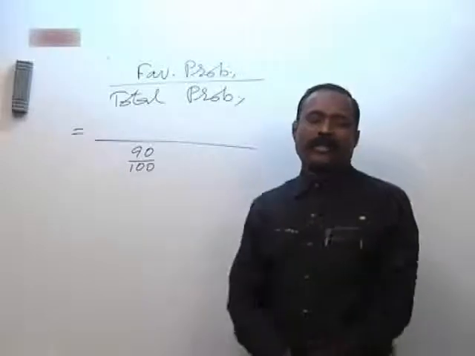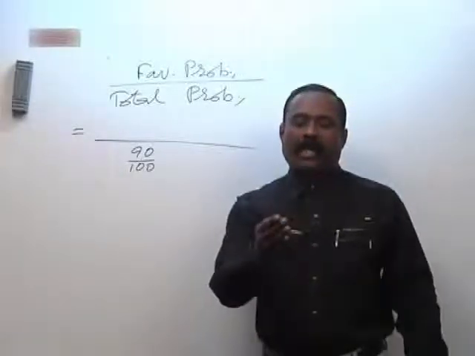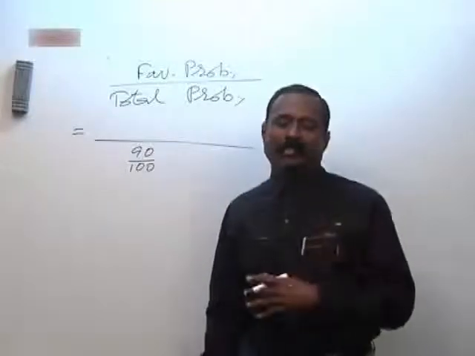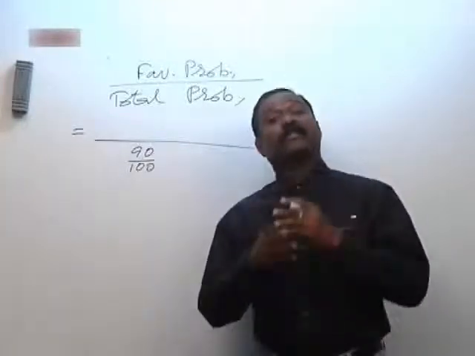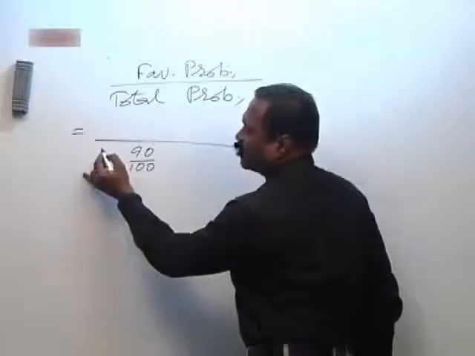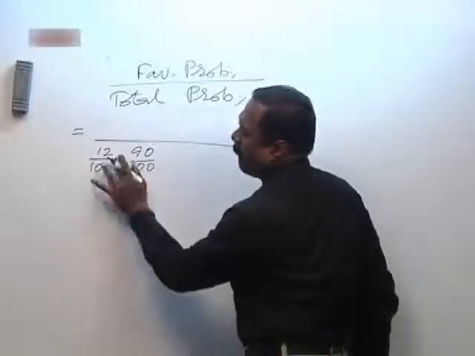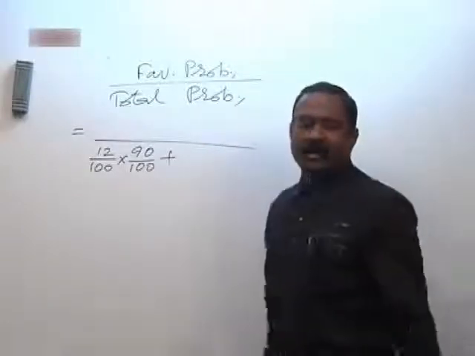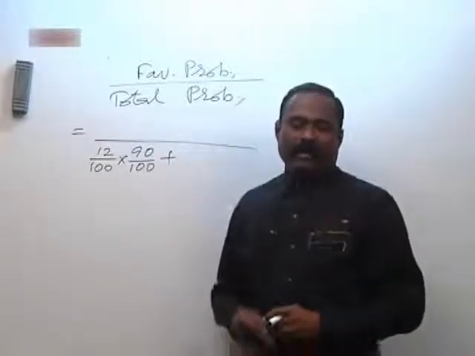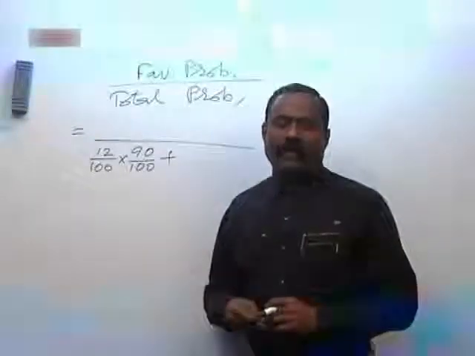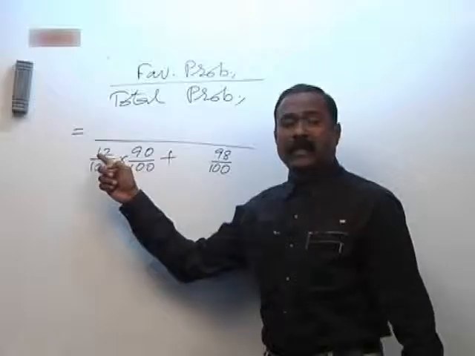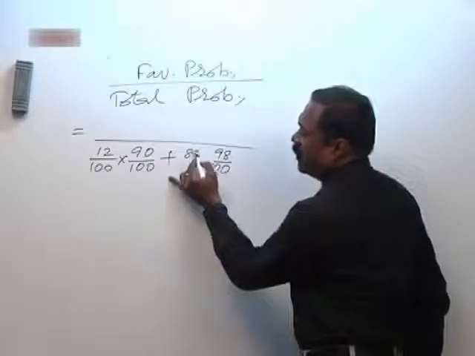According to the data, only 12 were actually involved in any wrongdoing if 100 persons are chosen, so it is 12 by 100 into 90 by 100, plus what should be the reliability if it is applied to an innocent person, 98 by 100. When 12 are found to be guilty, the remaining people must be innocent.